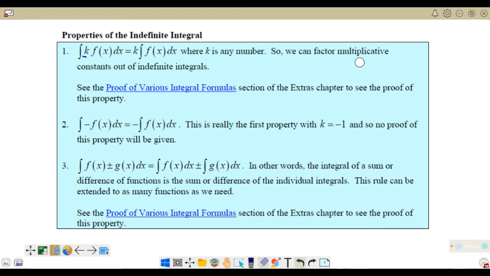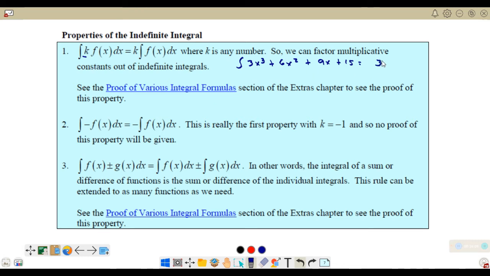Similarly, if you have a series of terms, for example, 3x cube plus 6x squared plus 9x plus 15. Look at the values, 3, 6, 9, and 15. All of them are divisible by 3, di ba?